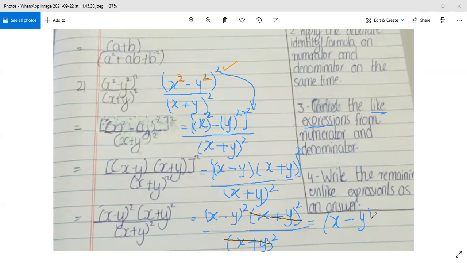Now here you can apply the second identity, that is x square plus y square minus 2xy. Now this is the answer.